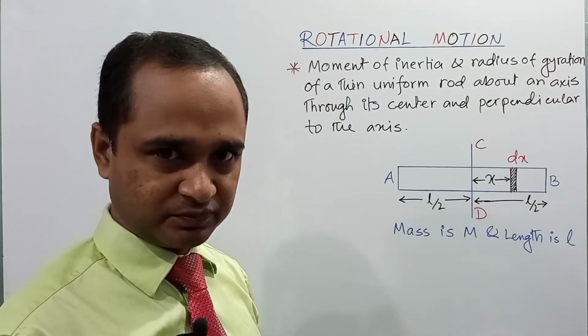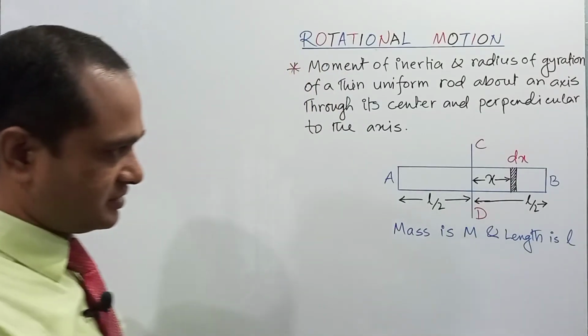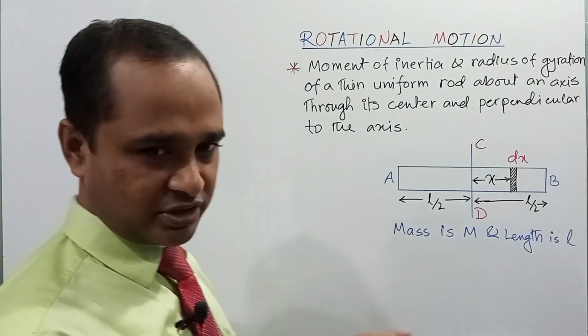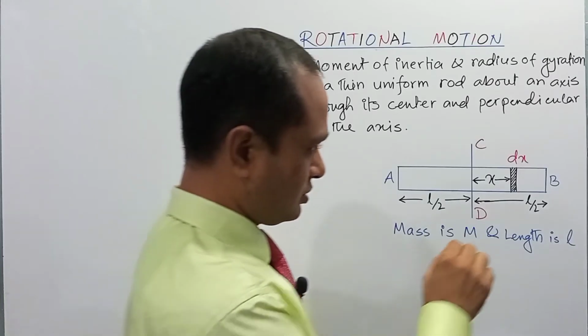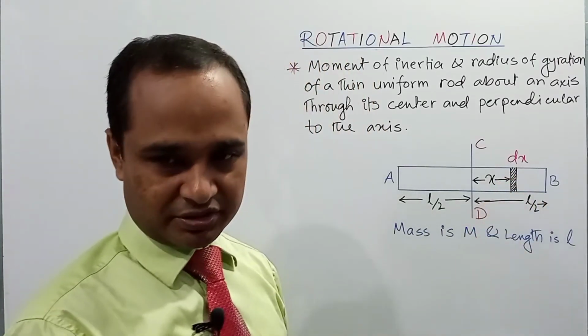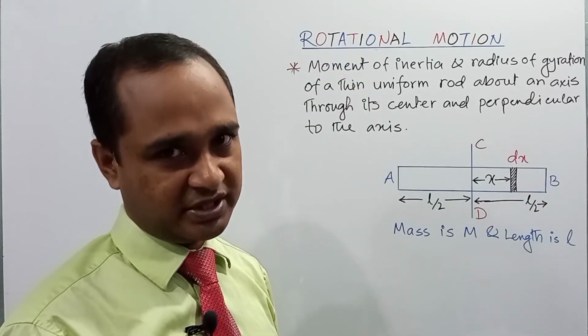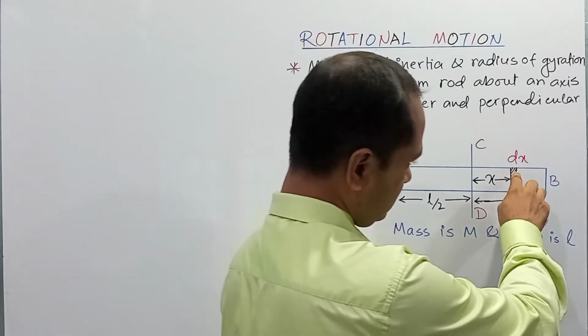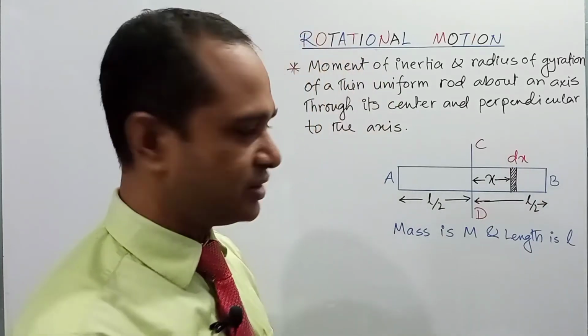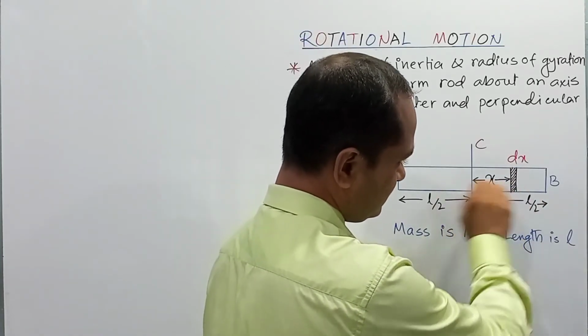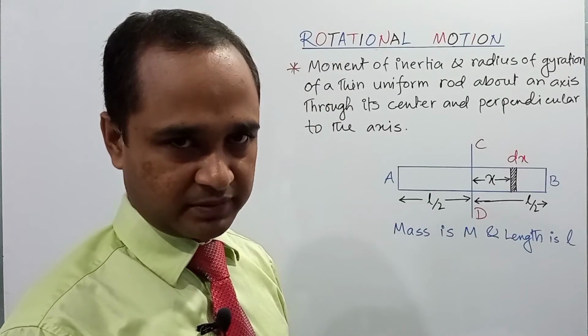Dear student, first, to determine the moment of inertia of the body, we need to consider a small portion from the rod for simplicity or for better realization. Suppose the very small portion of the rod is denoted by dx, which is situated at a distance of x from the axis of rotation.